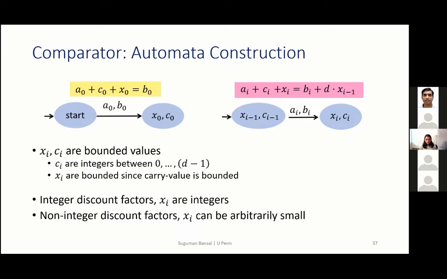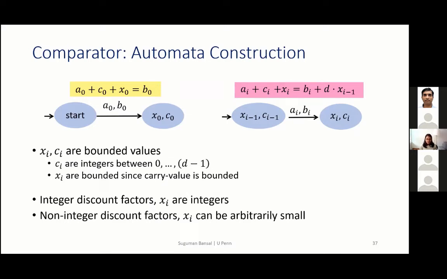And from every other state, transitions will have to follow the pink equation. So if I can construct an automaton that has transitions as follows, I will be guaranteed that any sequence A, B which is accepted by this automaton will be such that the discounted sum of A is less than or equal to that of B. So the only question is whether there are finitely many such values of Xi's and Ci's.